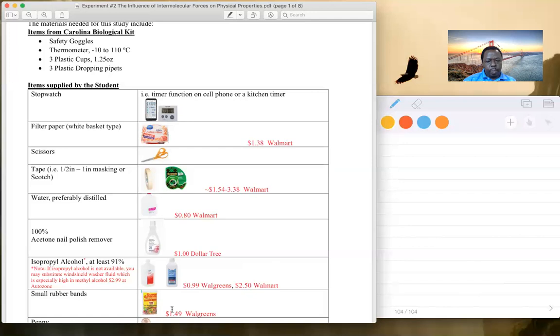all right? Rubber bands, not necessarily. If you have, that's fine. It's just for tying the filter paper on the thermometer. But if you can use the Scotch tape, it's well and fine.